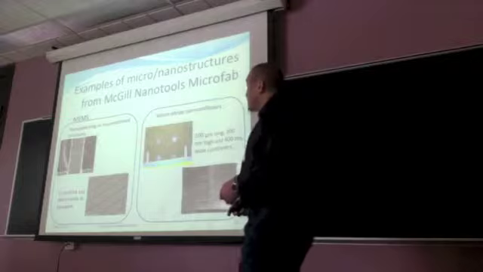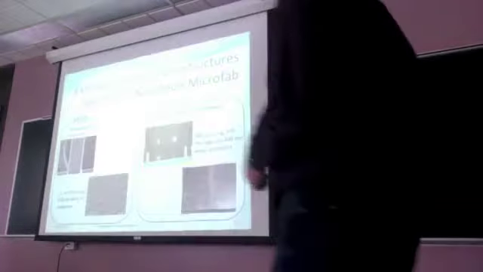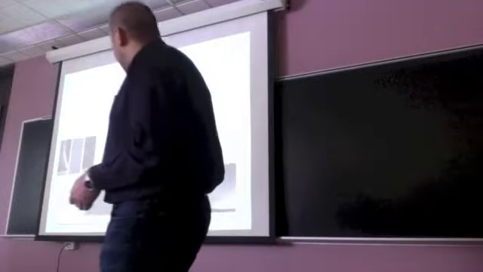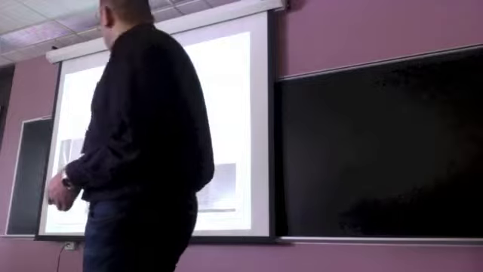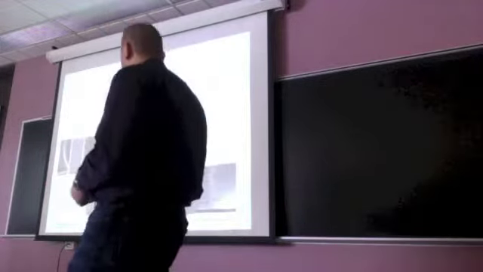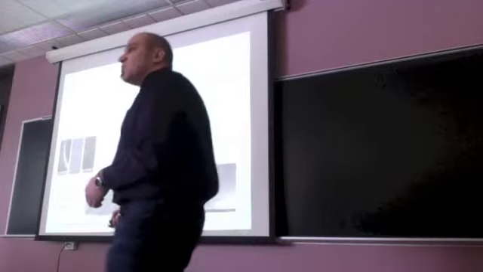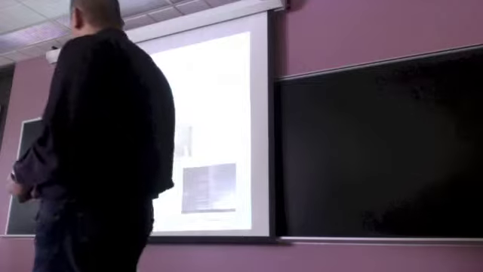Here are some examples of realizations from the McGill nanotools microfab. On this picture, you can see silicon cantilevers with aluminum nanowires. Here is a better view of these aluminum nanowires. These aluminum nanowires were defined by e-beam lithography and electron beam evaporation of aluminum.